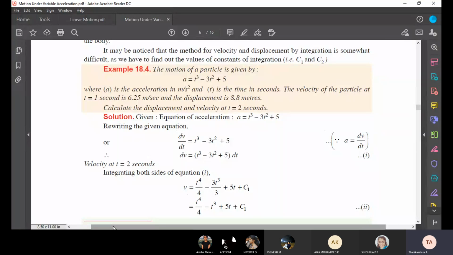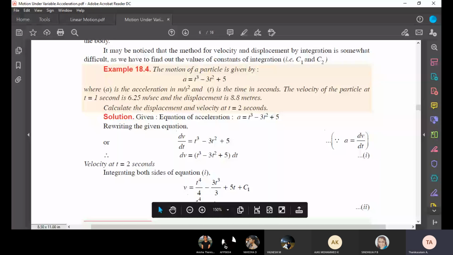Previously the s was given, so we calculated directly. Now the acceleration is given. A equal to t cubed minus 3t squared plus 5. What is our aim? Displacement and velocity. So we know acceleration equals dv by dt. Students, acceleration equals dv by dt.